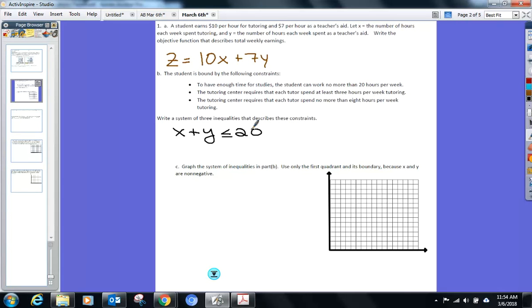Okay, what's the second one? Tutoring's got to spend at least 3 hours a week tutoring. So your tutoring hours have to be at least 3 hours. So only one variable. What's my tutoring hours variable? X. And you got to tutor at least 3 hours. Greater than or equal to 3.